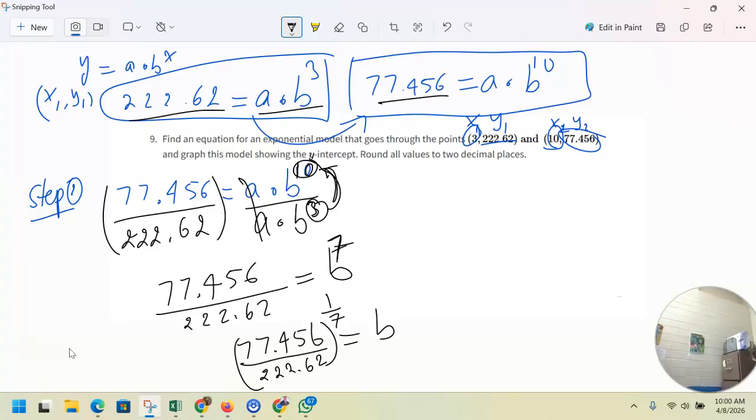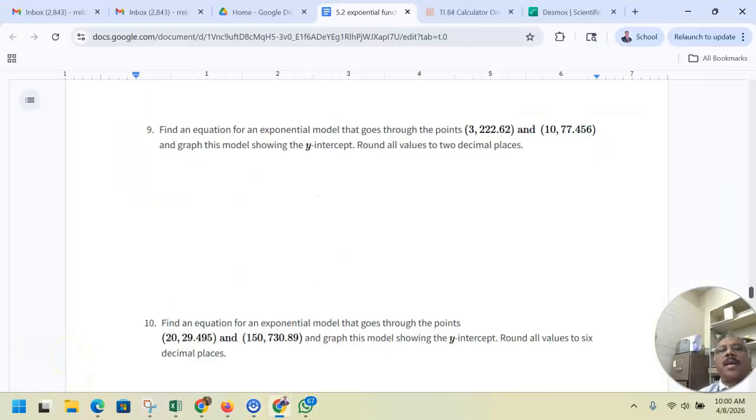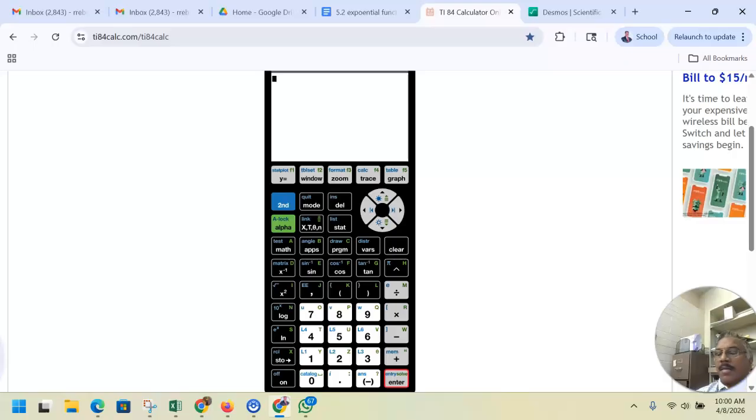Now on the calculator, we have to put this. Go to the calculator, clear this, and first of all open the parenthesis, then you do alpha this, enter, so you have a fraction. Remember the numerator was 77.456, go down and put 222.62, close it.